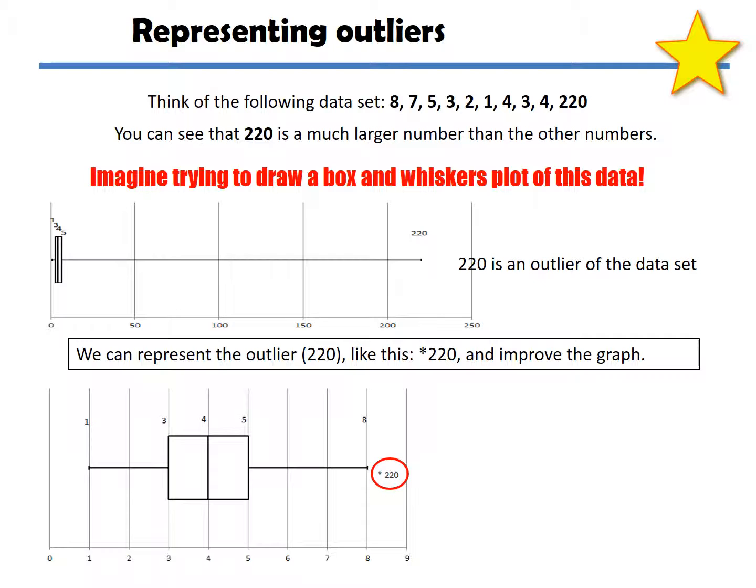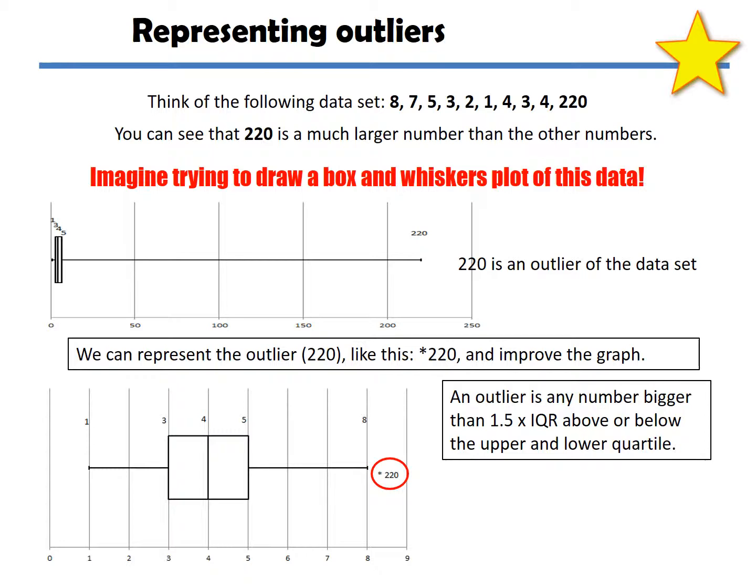To determine what an outlier is and whether you actually do have an outlier or not, this is what you should do. You calculate the interquartile range, that's Q3 minus Q1, multiplied by 1.5, and take that value and add it to quartile 3, which gives you 8, and subtract it from quartile 1, which gives you 0.